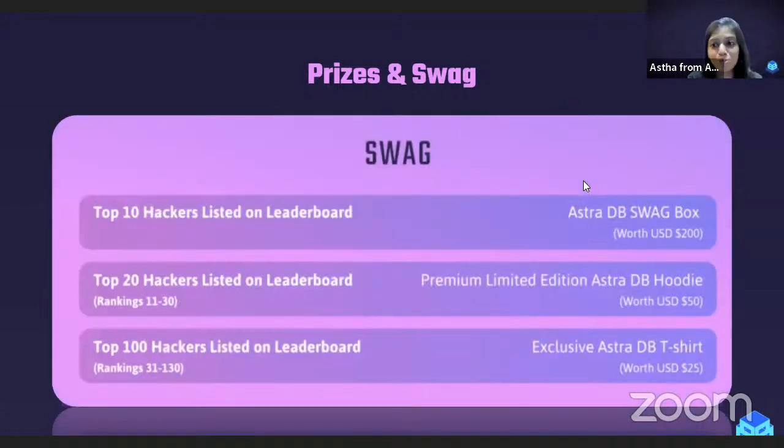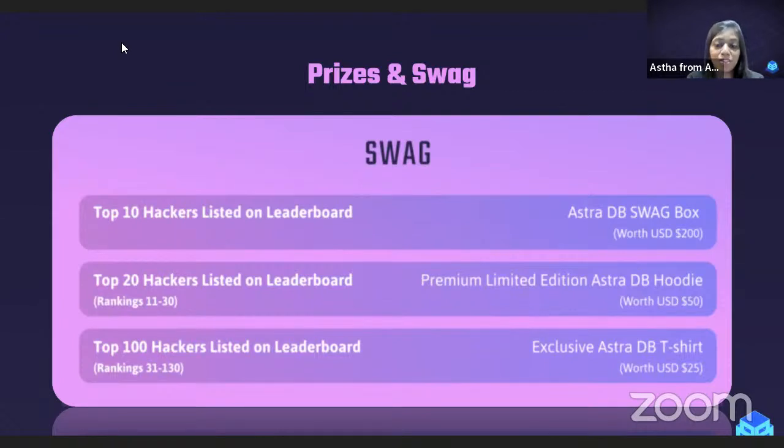But that's not all. We have a lot of swag for you, because what is a hackathon without swag, right? Like I mentioned, we have a leaderboard, and there are a lot of ways in which you can gain a lead on it. The top 10 hackers of the leaderboard, towards the end, when we combine and see who the leaderboard winners are at the end of challenge month 3, get an all-exclusive Astra DB swag box worth 200 USD.